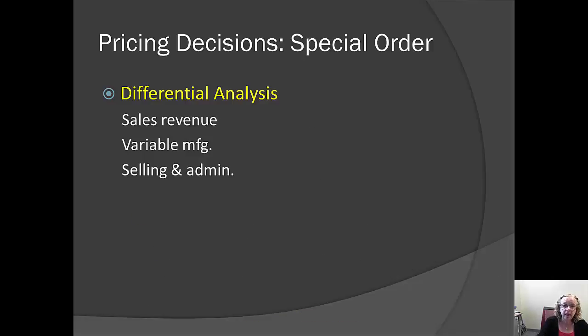So, in a differential analysis, remember we only consider the things that are going to be different, because obviously anything that's going to be the same is not relevant for the decision. So in this case, the differential sales revenue is going to be the special order amount, 1,500 windows, times the special order price, $165.